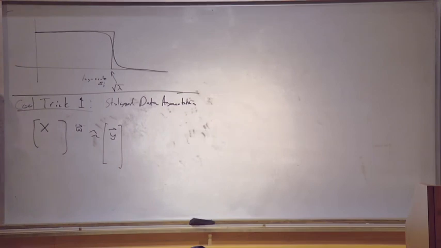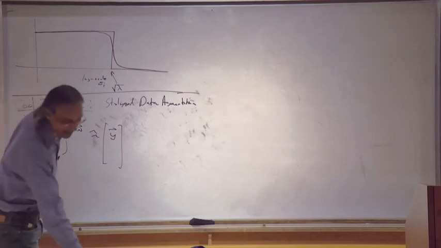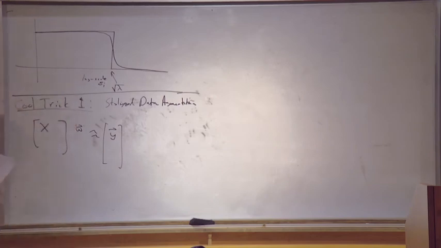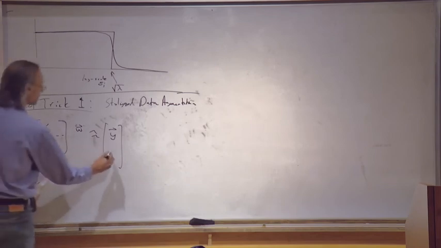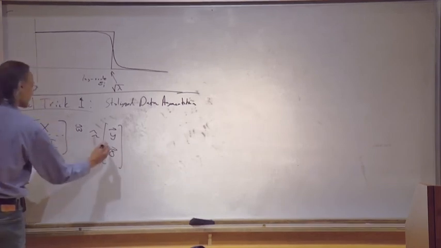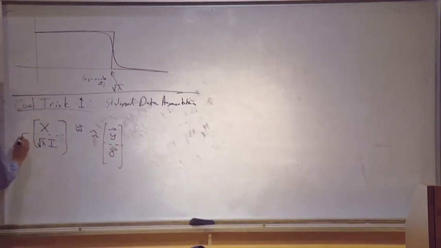The weights become smaller. How can I do it without actually adding a ridge regularizer? One trick is, I'll add a bunch of fake data points in which the covariates, the inputs, just look like square root of lambda times the identity. And the output is just a bunch of zeros. So these are all fake points.